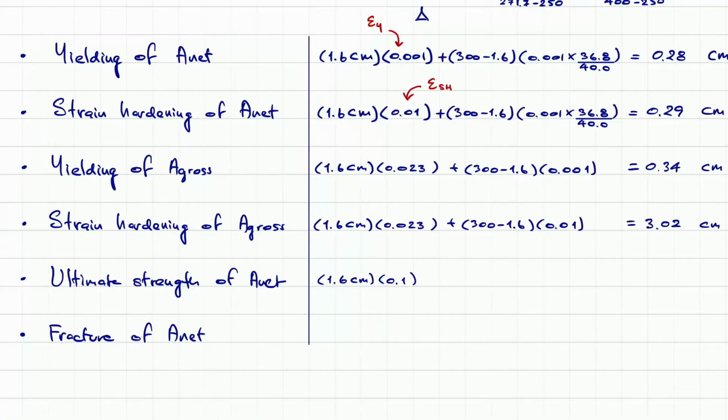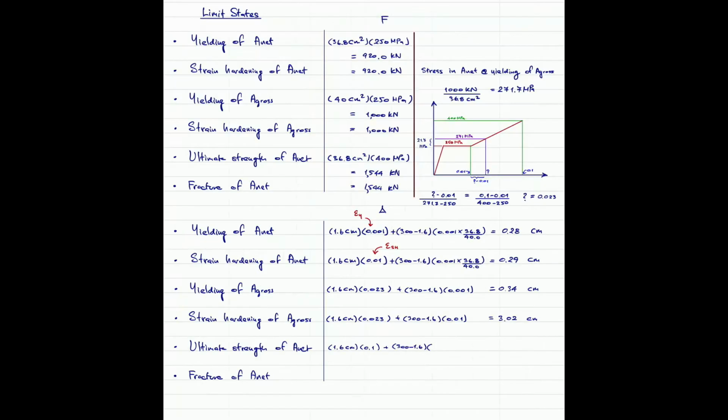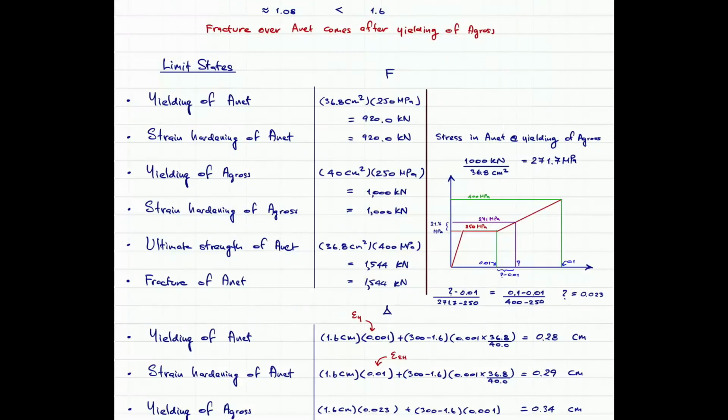That's the ultimate, plus 300 minus 1.6 multiplied by your new strain in the A cross. So I'll be taking this to the next page.